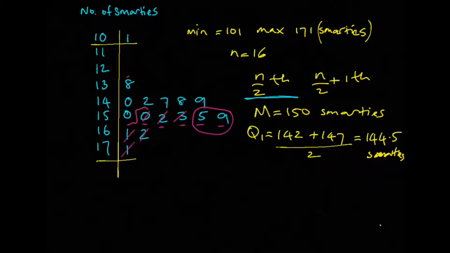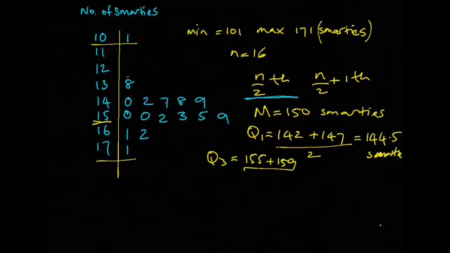You're left with two numbers that you take the mean of. So Q3 is equal to (155 + 159) divided by 2, and that equals 157. Don't forget this is your value that you start with, 150.